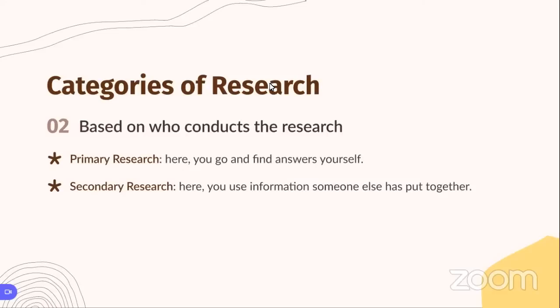There's primary research. In primary research, you actually go out there, meet the users, and find answers yourself. And then secondary research is where you go online or go through what people have done in the past, or maybe even read through books and use information that somebody else has done primary research before.